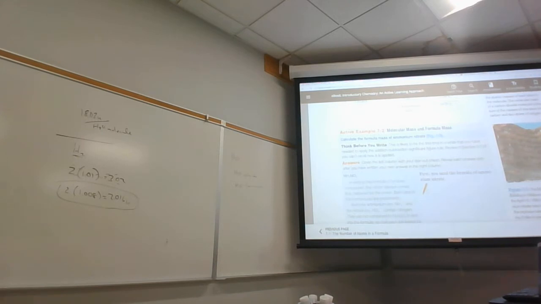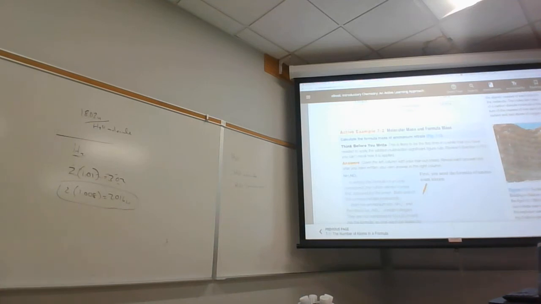If I want the mass of water, this is the mass of a molecule of water, but it's also the mass of a formula unit of water. And so this is both the molecular mass and the formula mass of water. That's both.